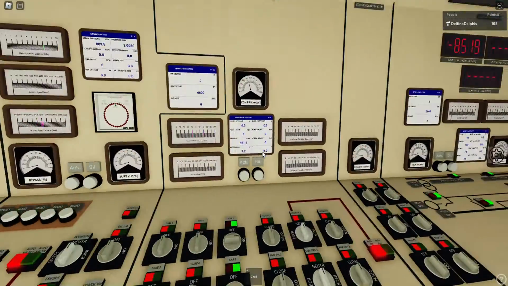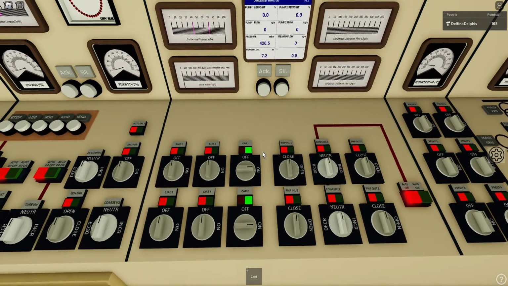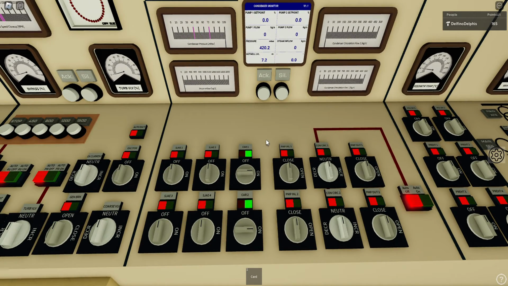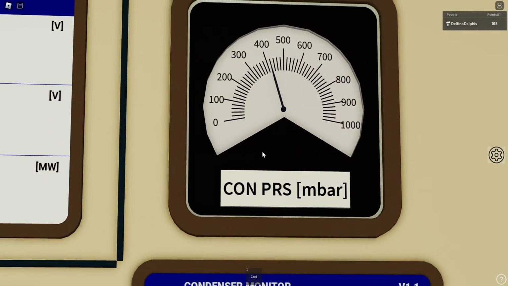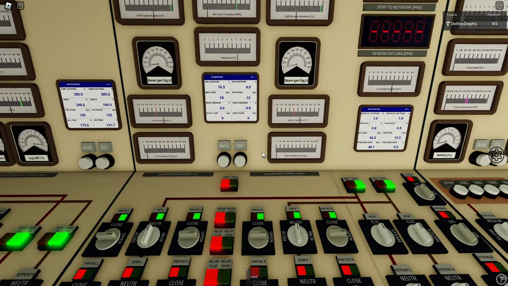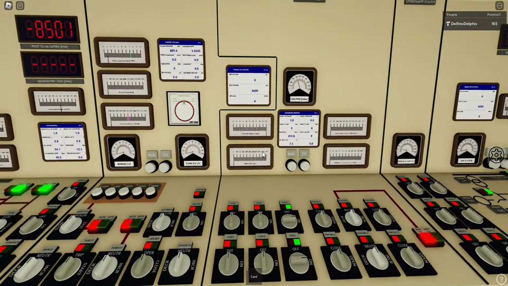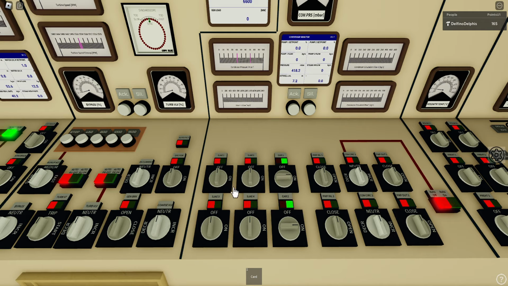Okay, let's look at our condenser. The condenser is pretty basic, similar to RPWR. So yeah, the pressure is already pretty low, so let me just open the main steam isolation valve. We have steam jet air ejectors. There are 4 of them.